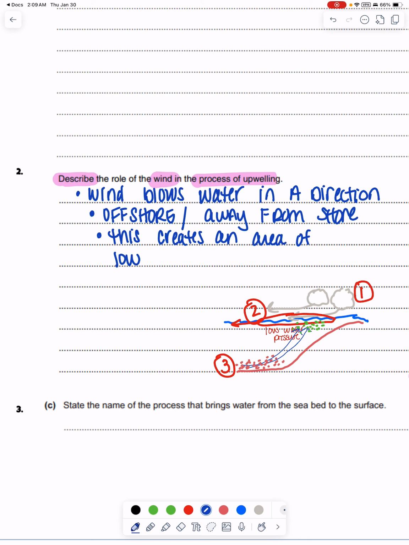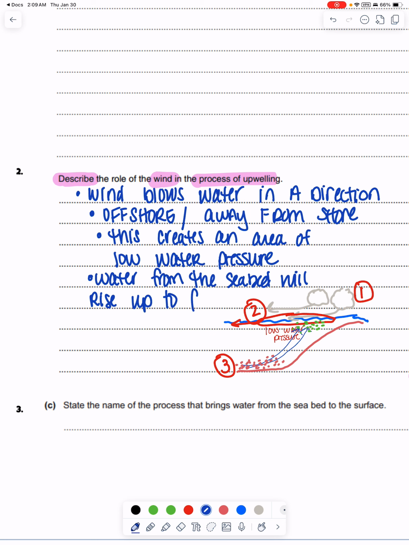I keep saying air pressure, water pressure. And water from the seabed will rise up to fill the pressure gradient.